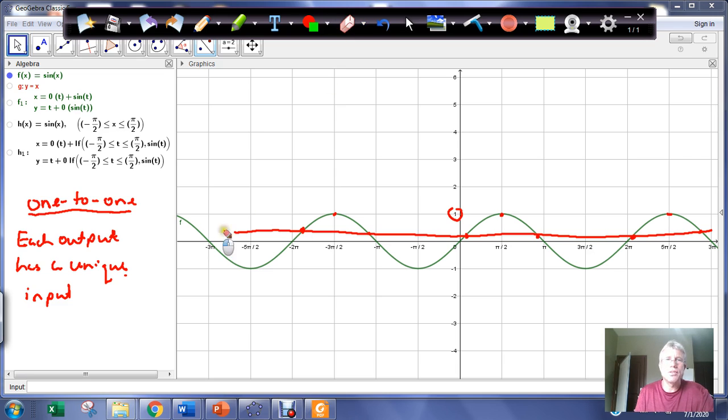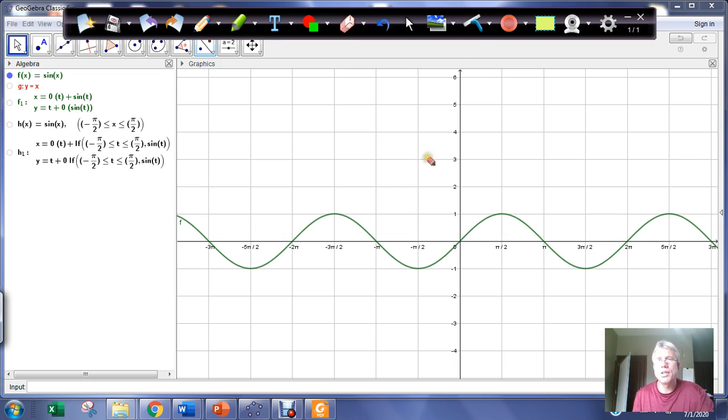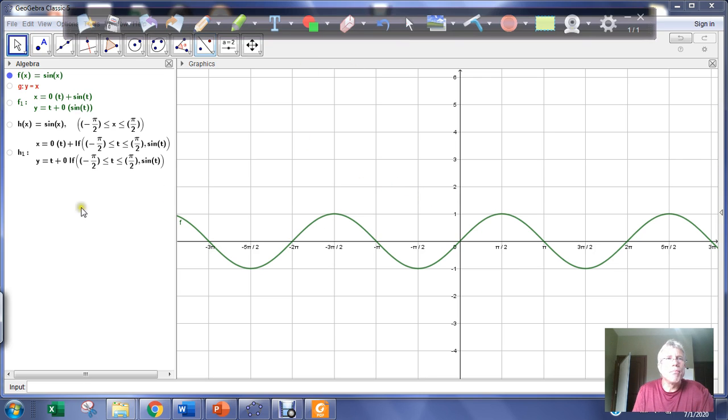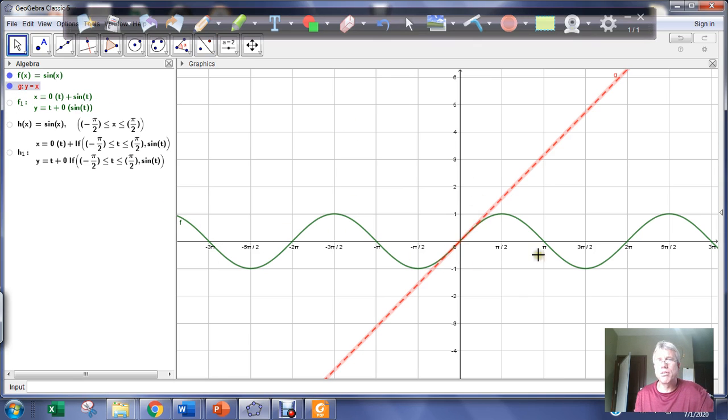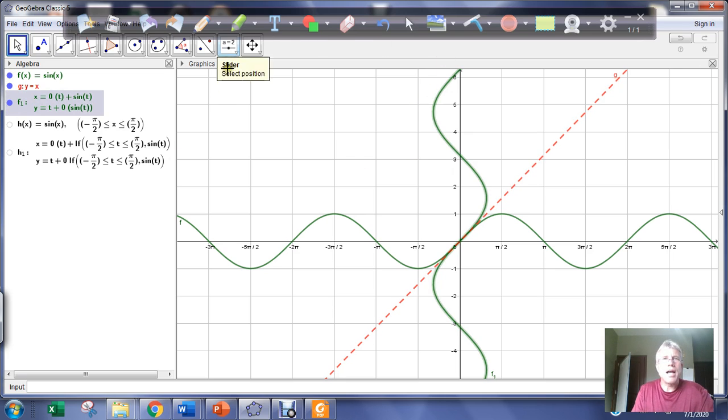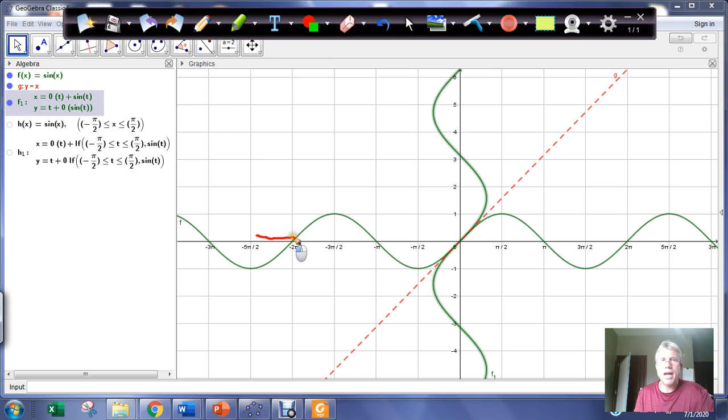And the issue when this happens is that we want to remember that an inverse function, the graph of it, is given by taking the original function and reflecting it in the line y equals x. So here's the line y equals x right here. So if we take the sine function and reflect it in the line y equals x, so there's the reflection of it, what we see is that because the sine function didn't pass the horizontal line test, when we reflected it, it didn't pass the vertical line test.